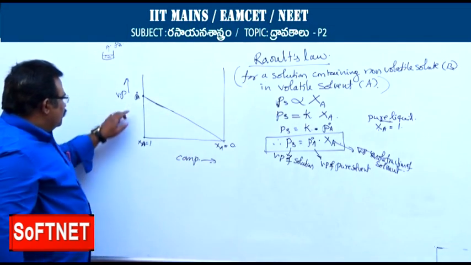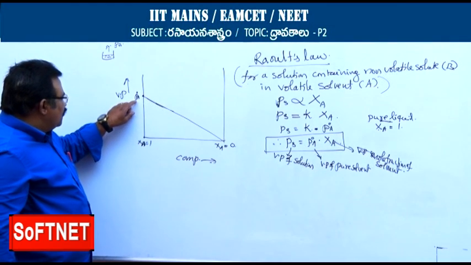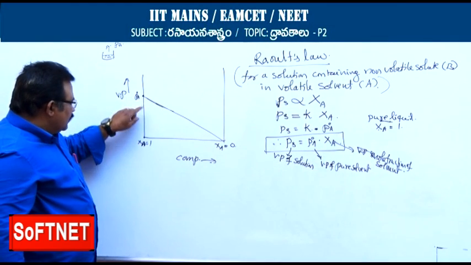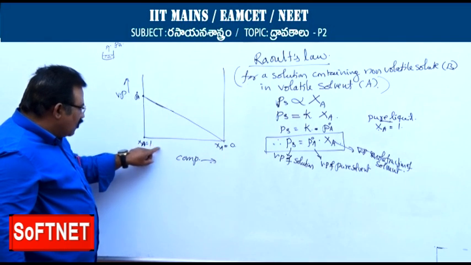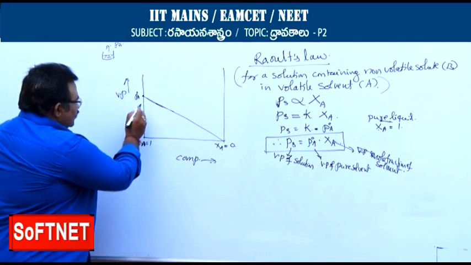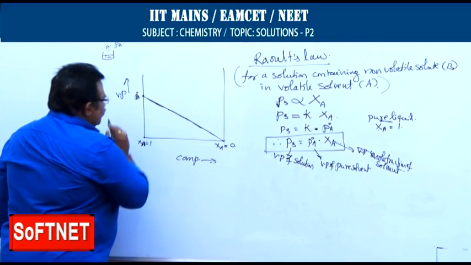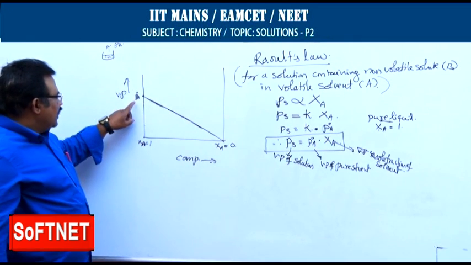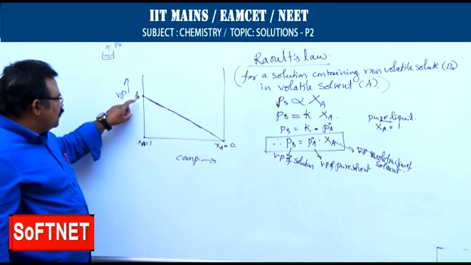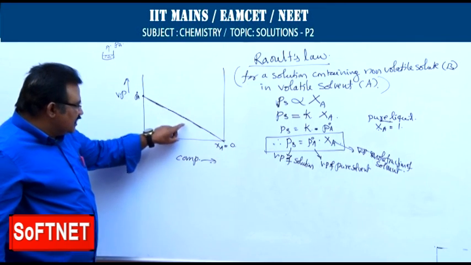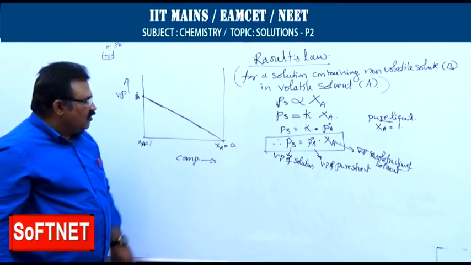So, vapor pressure of pure liquid is proportional to mole fraction. This graph represents how the vapor pressure of pure liquid decreases with the decreasing mole fraction.